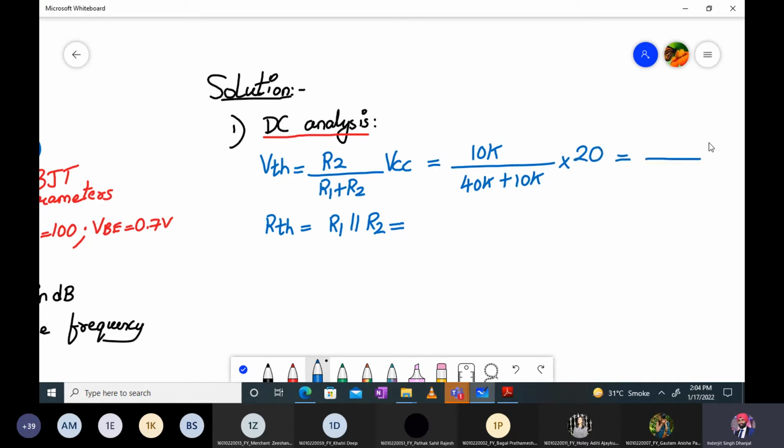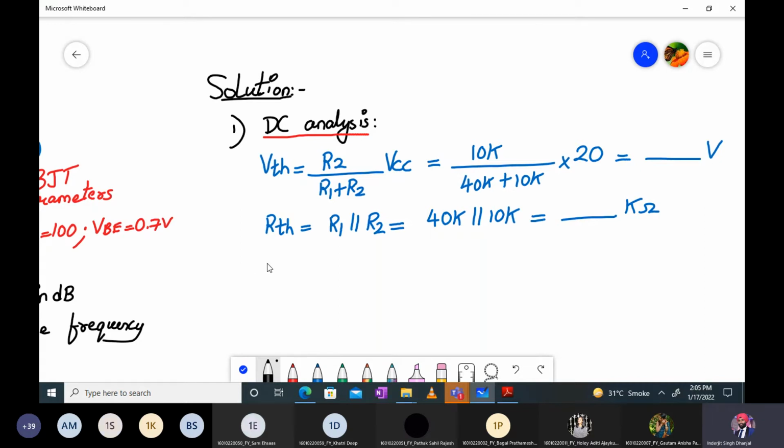What's the value of VTH? Next is R1 parallel to R2, that means 40K parallel to 10K. Please let me know these answers quickly. This will be in kilo ohms. Anyone?